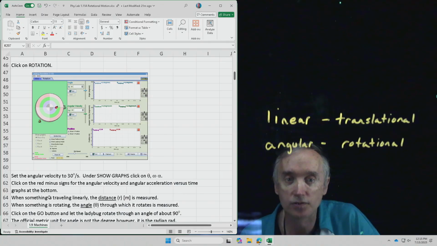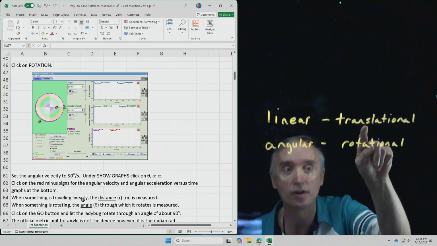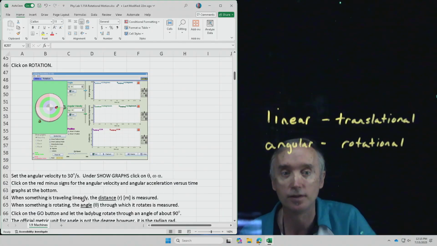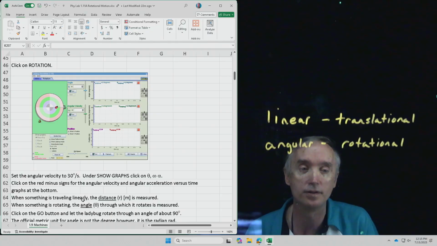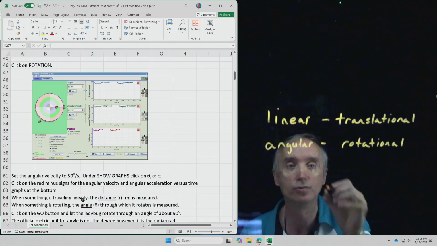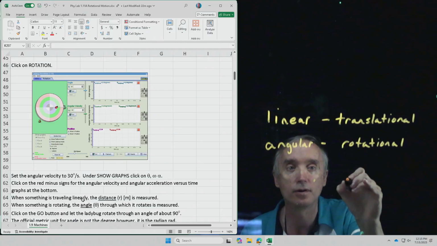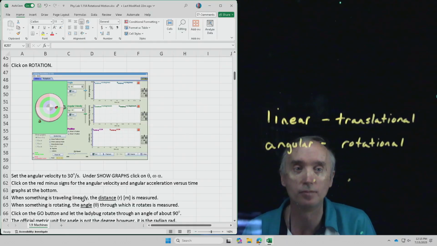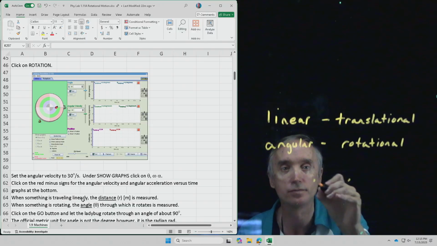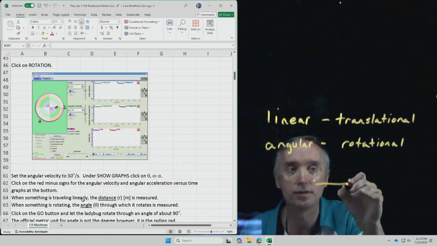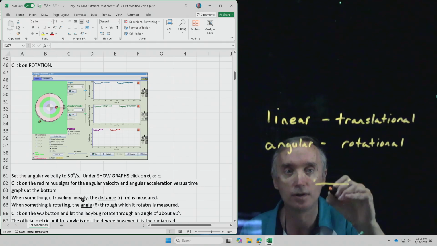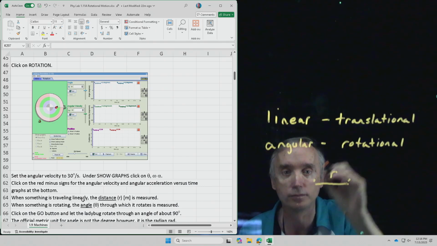The next thing it says to do is, when something is traveling sideways, linearly, translationally, the distance r is measured. So if you've got a ruler, the distance from here to here, maybe that's 30 centimeters. That is a linear distance, which we give the letter r.